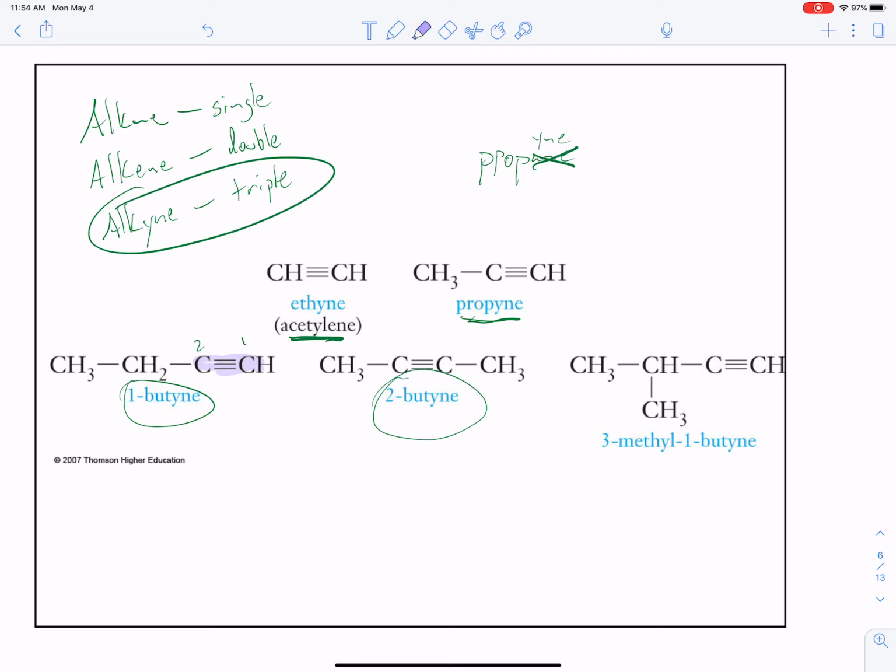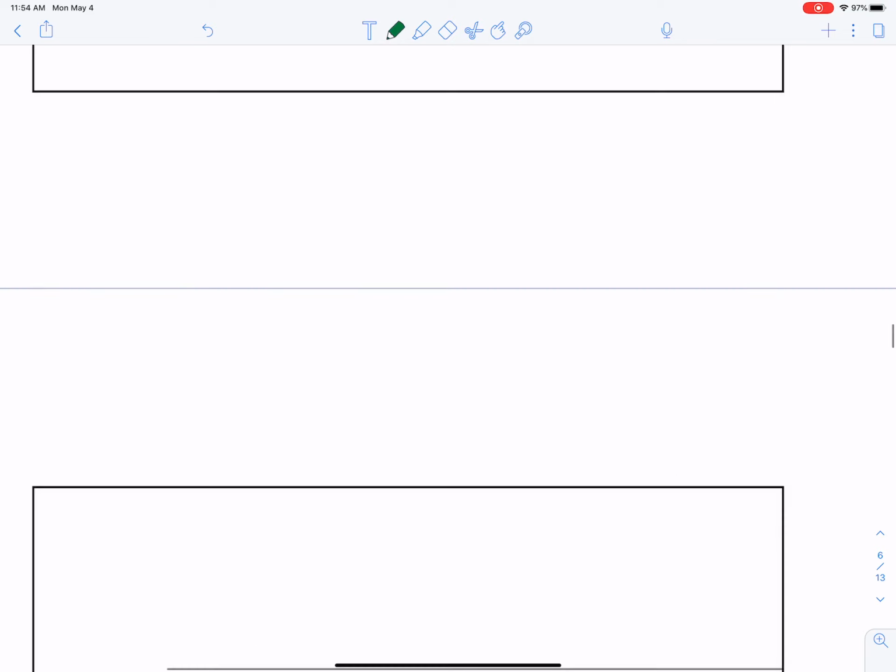When we look at the center right here, labeling it the same way, it's at the 2 and the 3. Notice that we don't label it as a 2,3, we just label it for the first carbon that is attached to the alkyne. It's assumed that it follows to the next carbon. Is that going to make sense? I hope it does.